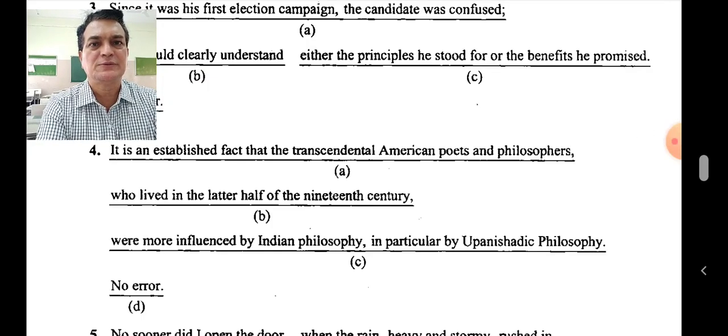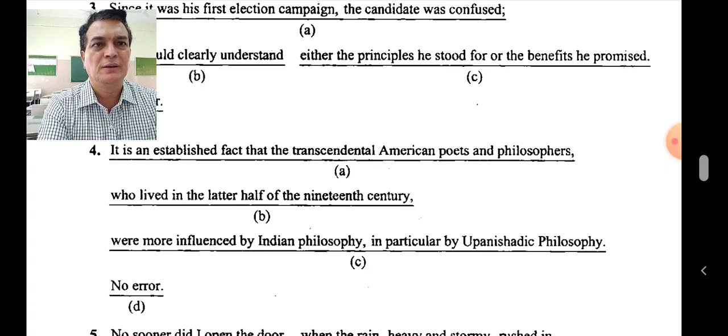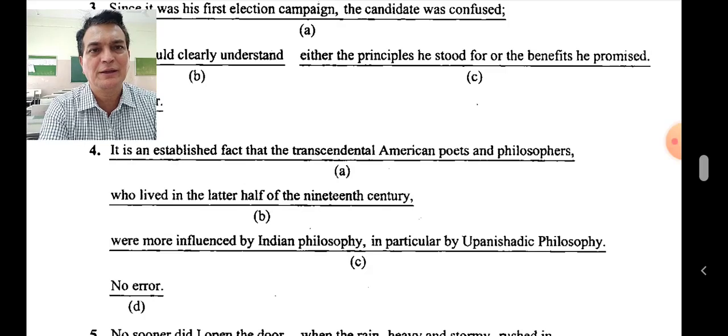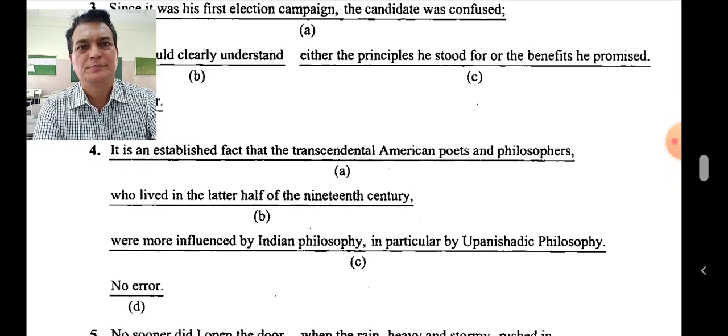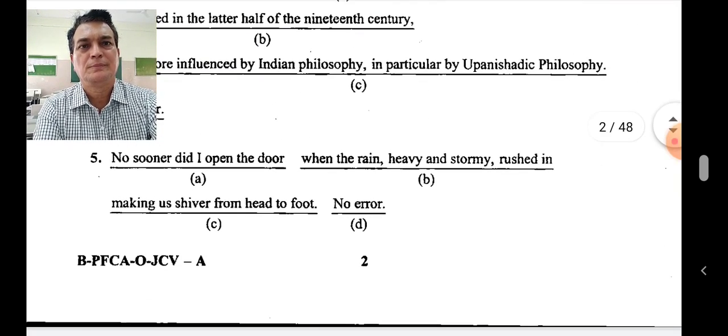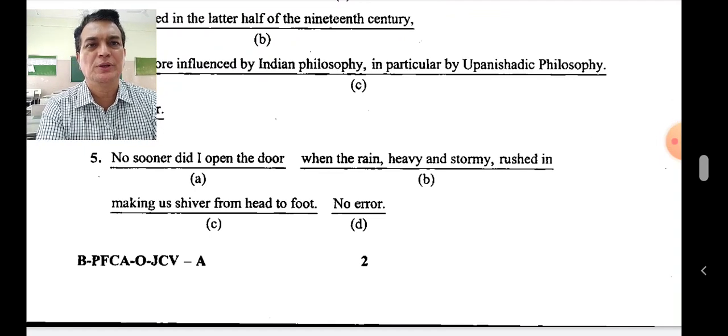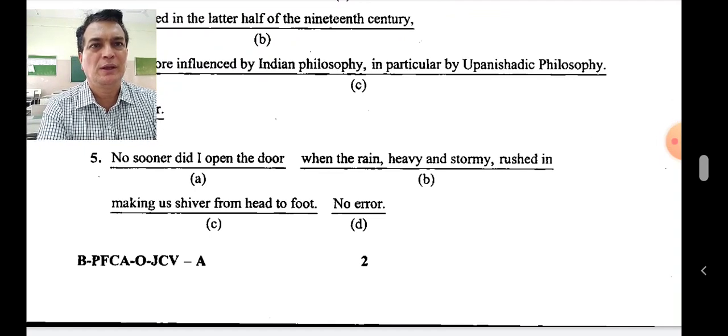It is an established fact that the transcendental American poets and philosophers who lived in the latter half of the 19th century were more influenced by Indian philosophy, in particular by Upanishadic philosophy. No error. No sooner did I open the door when the rain, heavy and stormy, rushed in, making a shiver from head to foot.